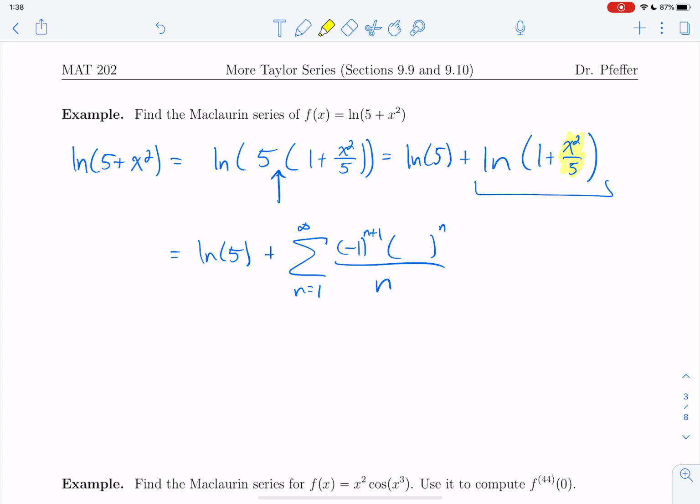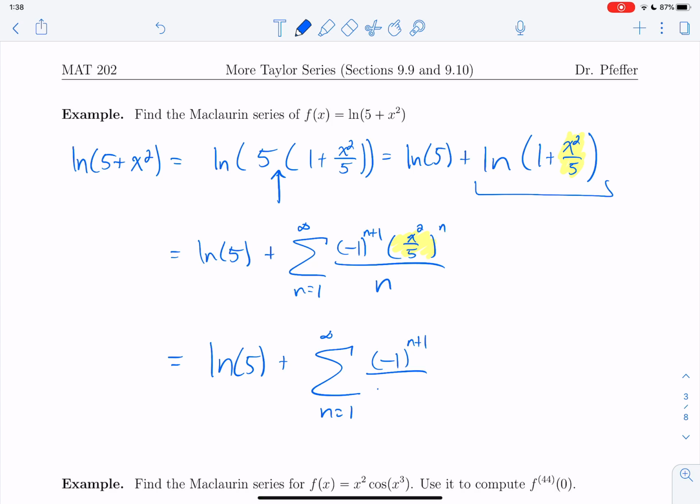X squared over 5, that's what goes in right there. And so if you wanted to clean this up, you could rewrite it as ln 5 plus the sum from 1 to infinity of, in this case, negative 1 to the n plus 1 over 5 to the n times n, x to the 2n.